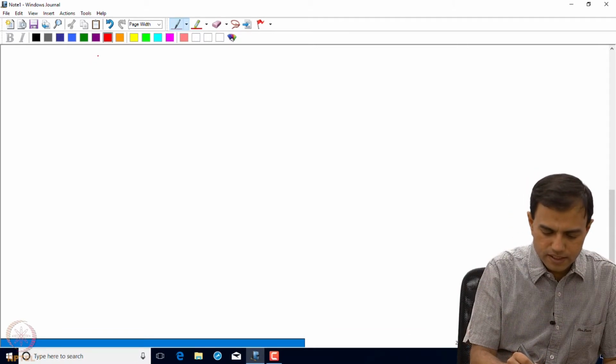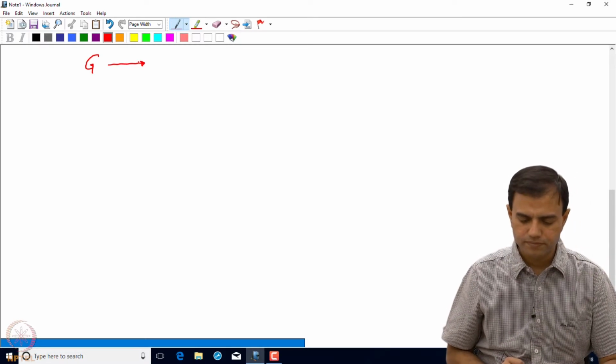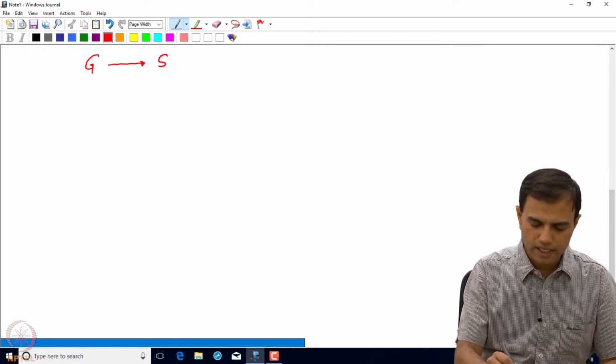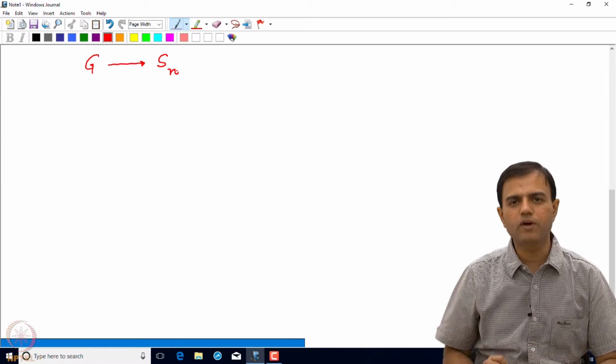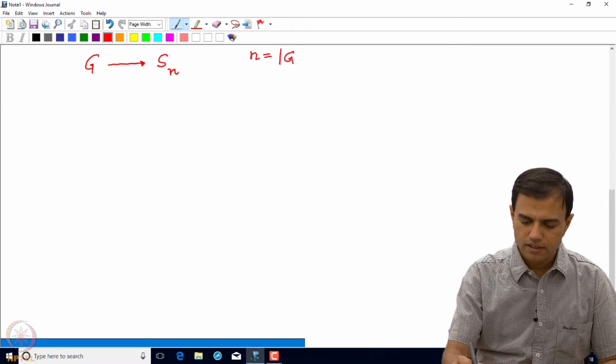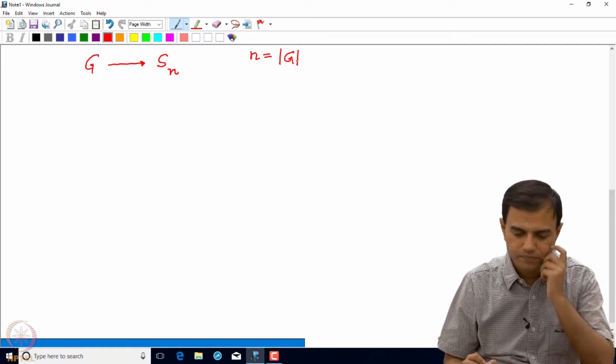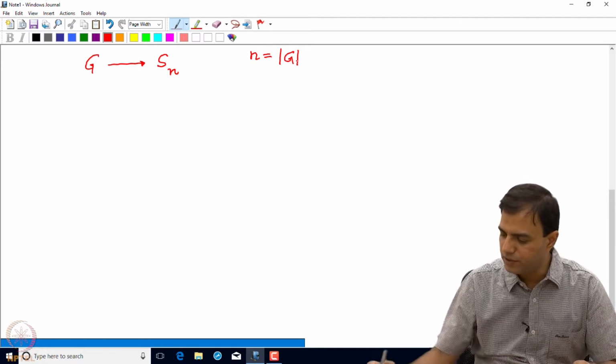So here is this idea. You have a group, and to this group I want to associate some permutation group Sn. So first question, what n should we take? So here I take n, which is the same as the cardinality of G, the number of elements of G. So here I am taking a finite group.